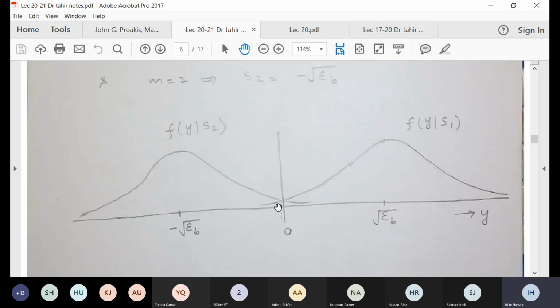Hence you will say that S2 was sent, but actually S1 was sent. So there will be some probability of error.